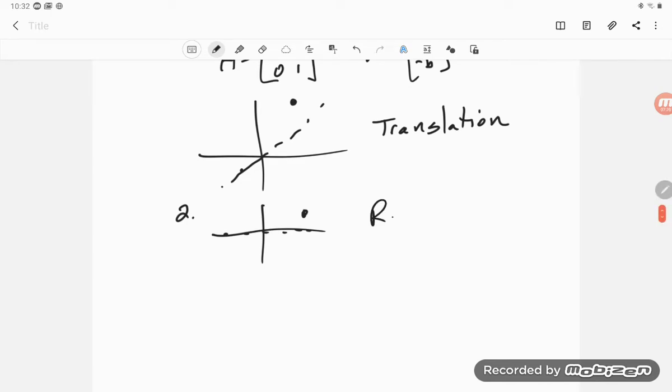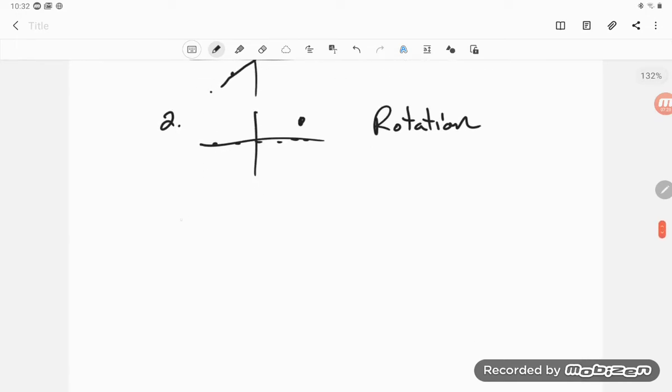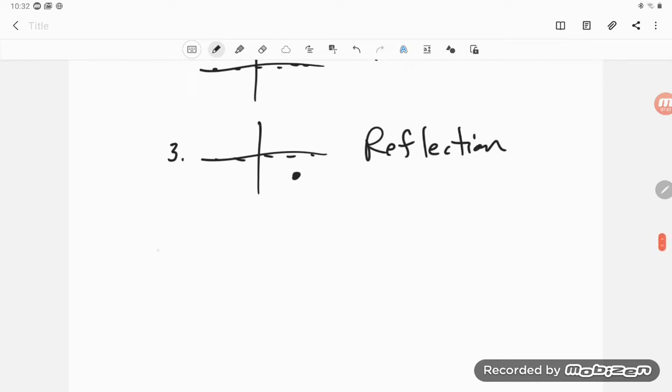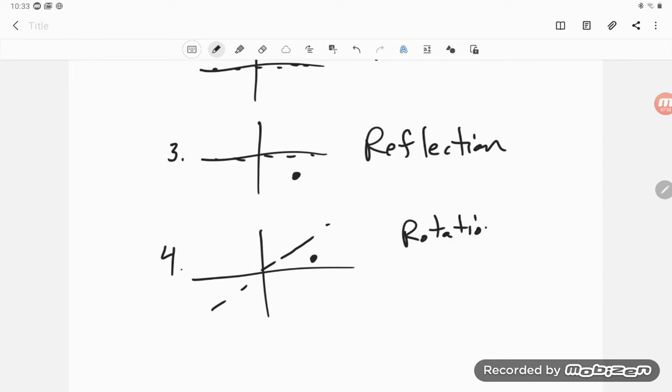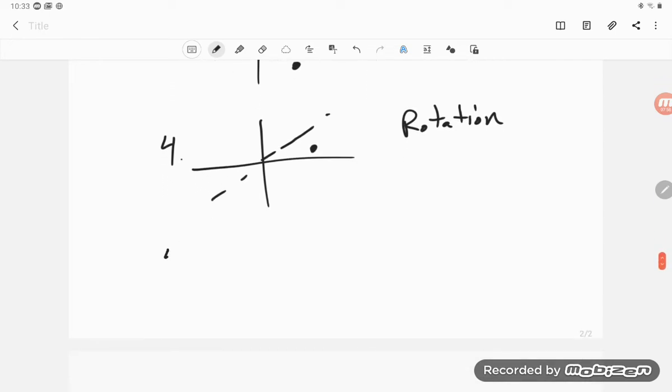Then I did a rotation, and then 3, I'll do my reflection. So I'll get down here, I'll do a reflection. And 4, then I will rotate back. Okay, so I do another rotation. And then finally I undo the translation.